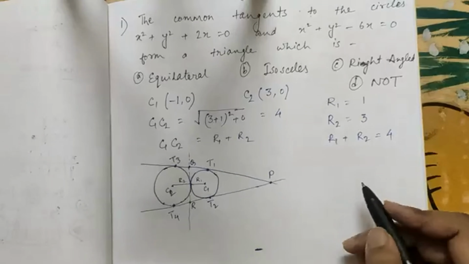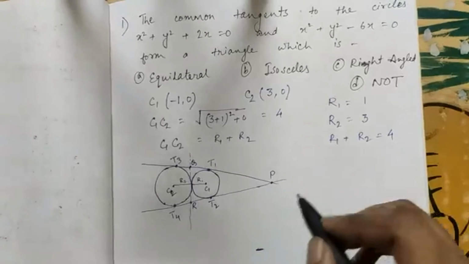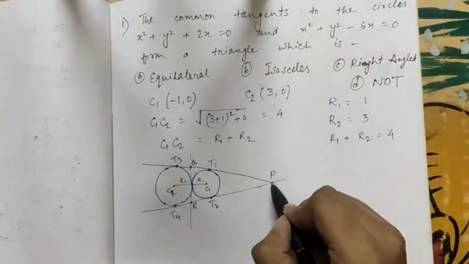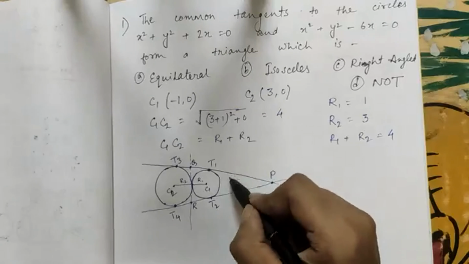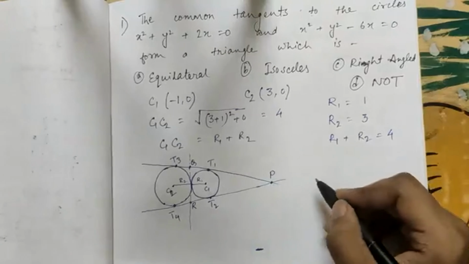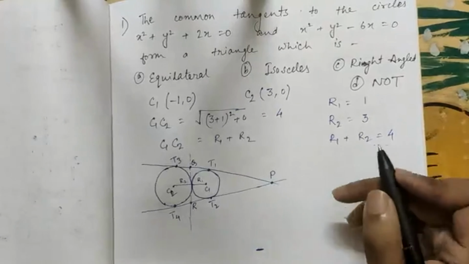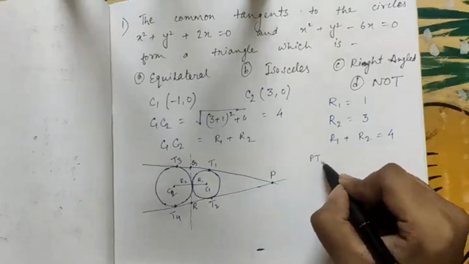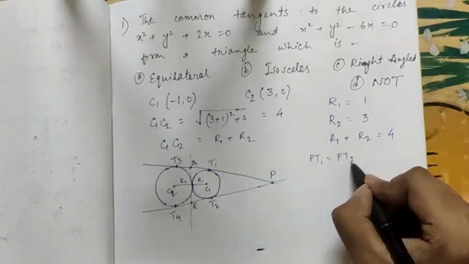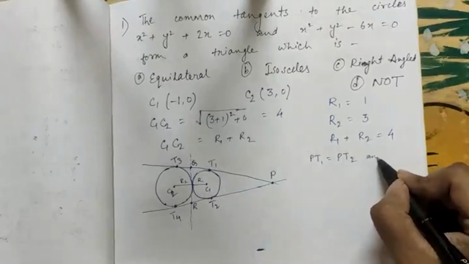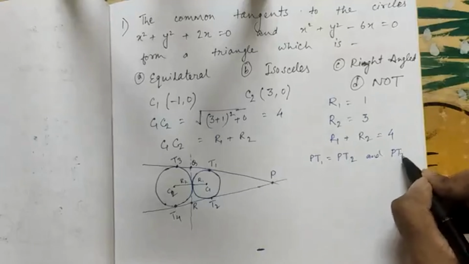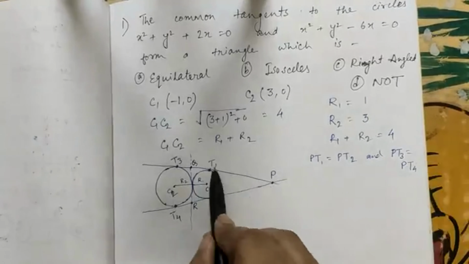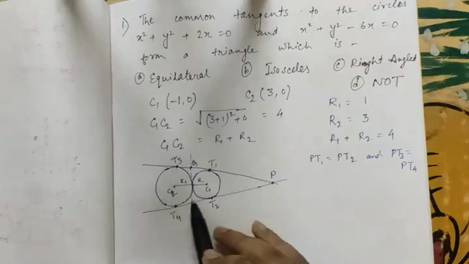Now let's play with some geometry over here. We know that if from an outside point we draw a pair of tangents to a circle, then the lengths of the tangents are the same. That is PT1 is equal to PT2, and PT3 is equal to PT4.